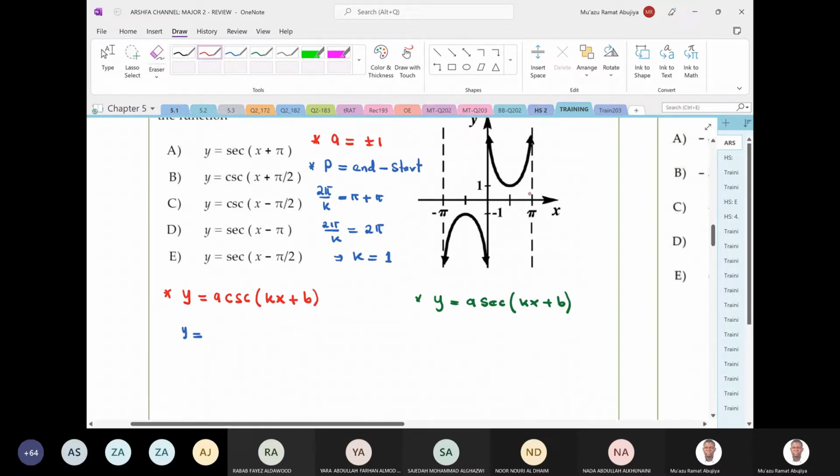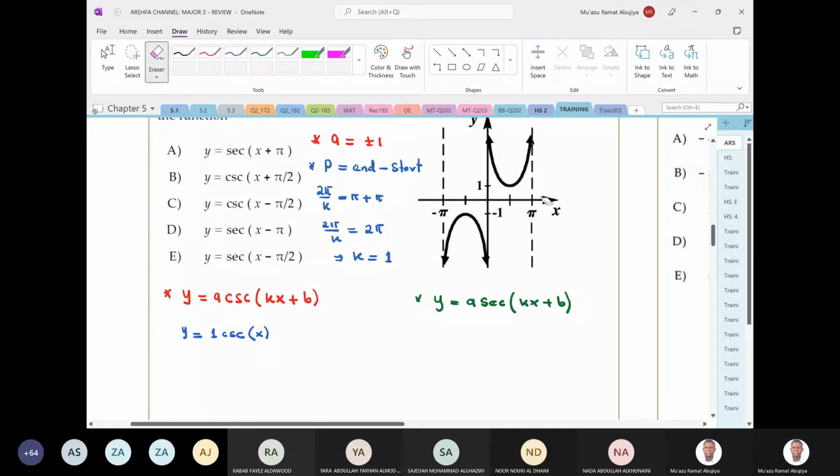Because we are starting from the positive, a shall be equal to 1. So we have 1, then the cosecant of k. What is our k? k is equal to 1, so I'll put here x only, because we find the k to be equal to 1.